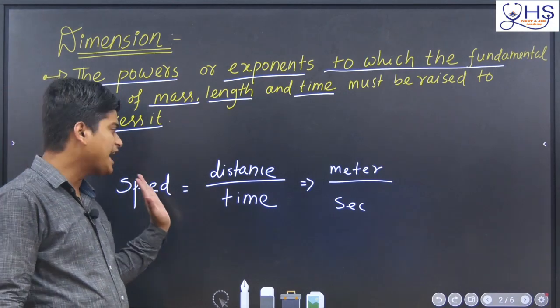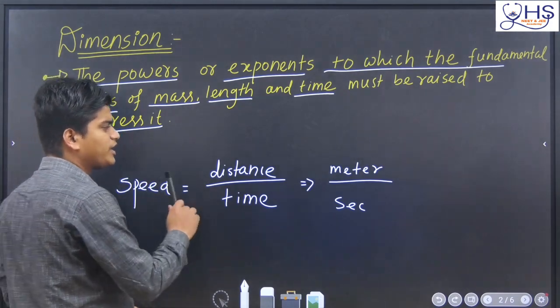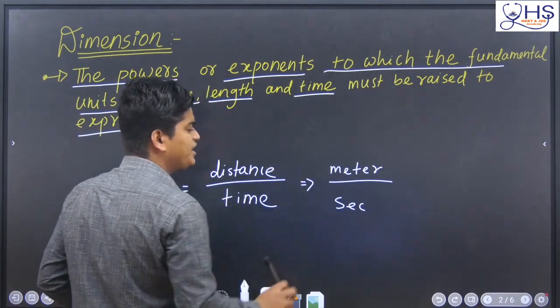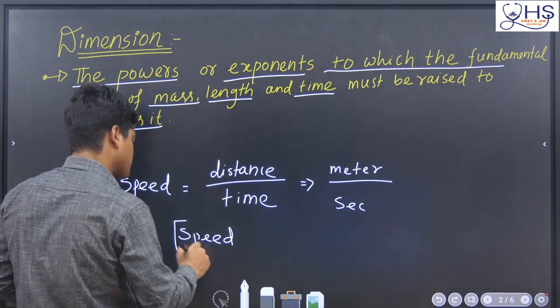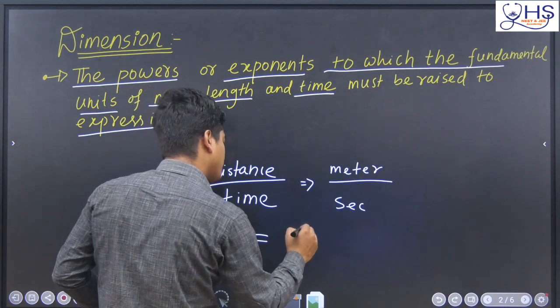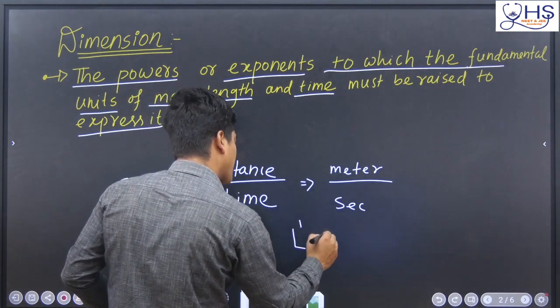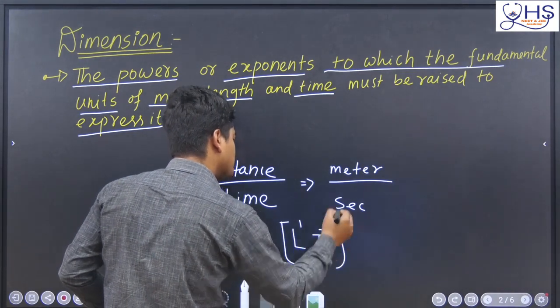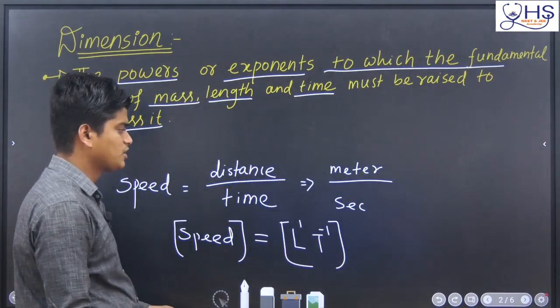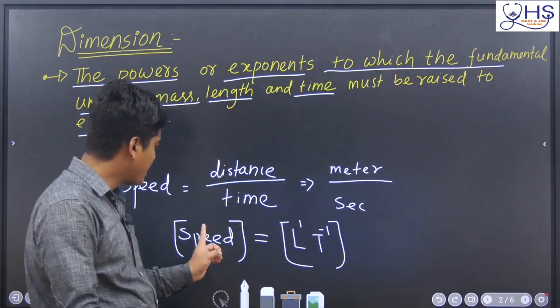To write the dimension of speed, I take the help of meter and second. For meter I put L equal to 1, and for time I put T equal to minus 1, because time is in the denominator. So, this will be the dimension of speed.